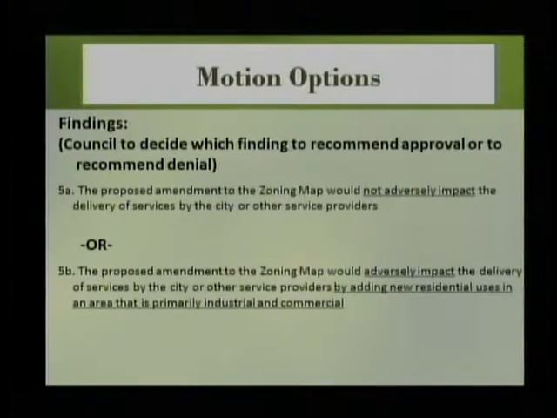Also with 5A, which is moved forward from Planning and Zoning, is that it would not adversely impact the delivery of services by the city or other service providers, as well as the school district. And then 5B is that there would be adverse impact by adding the new residential uses in an area that's primarily industrial and commercial.